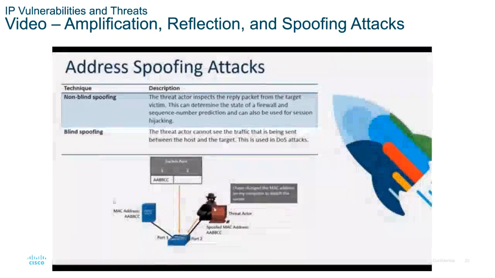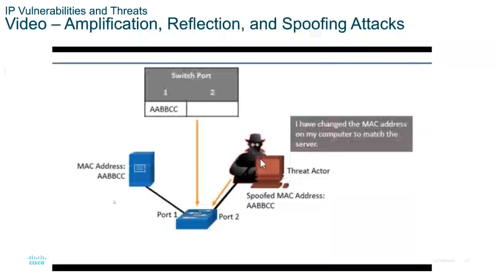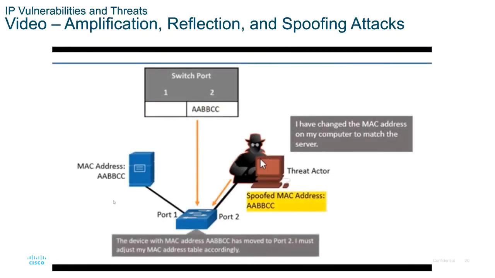Now, what it comes down to here regarding our threat actor is they're connected to a switch on port 2. They see the MAC address of the server that's existing on port 1. The switch right now understands that the server resides on port 1. But if the threat actor spoofs the MAC address of the server and attempts to become the server, and then they communicate, the switch will learn now that the MAC address AABBCC, which was the server MAC address, is now inbound.